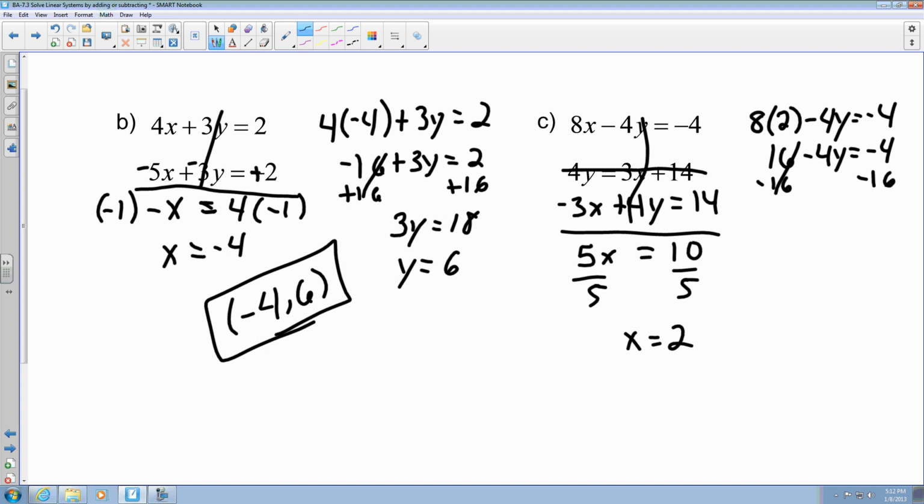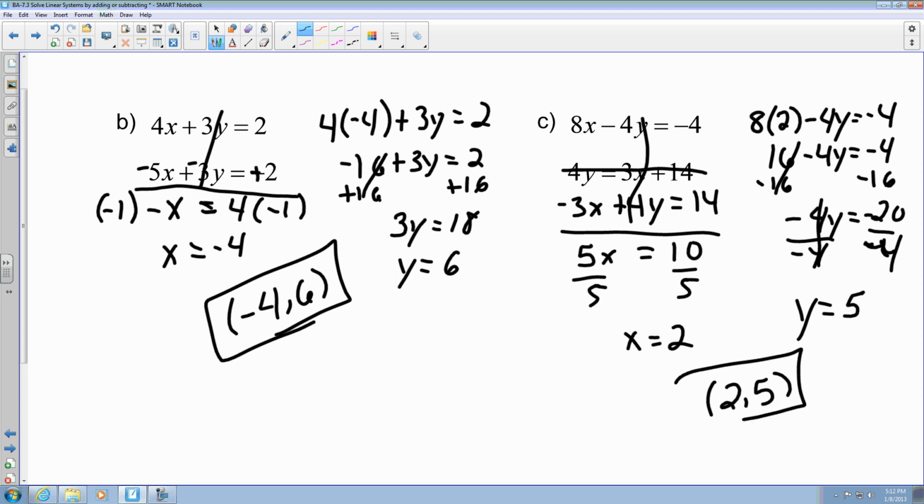That cancels that out, so I got negative 4y equals a negative 20. Divide both sides by negative 4. Cancel that out. Got y equals negative 20 divided by negative 4, which gives me a positive 5. So my ordered pair here is 2, comma 5.